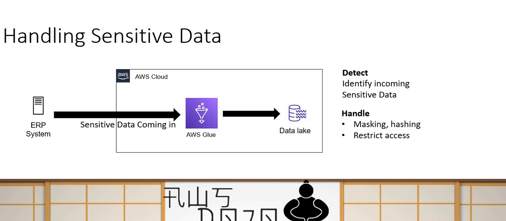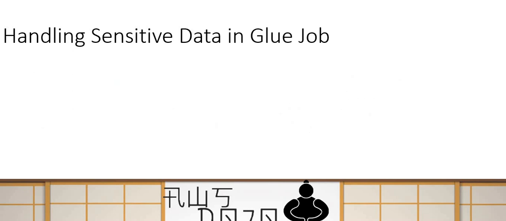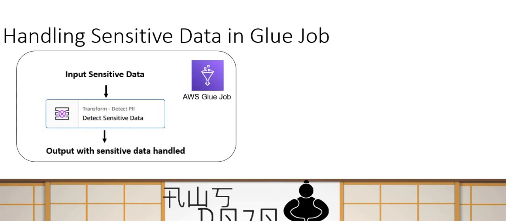But before you handle it, you first need to detect that such sensitive data is passing through your pipeline, through your ETL job. So how does Glue identify sensitive data passing through? In Glue, you have an out-of-box transformation that is called detect PII, or detect sensitive data.